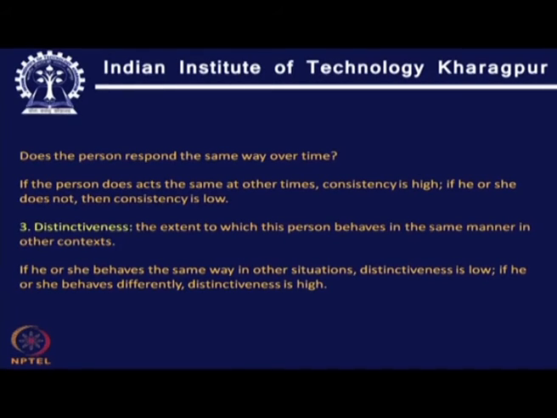So, we have three defining characteristics: consensus, consistency, and distinctiveness, and each has two parts, high and low.